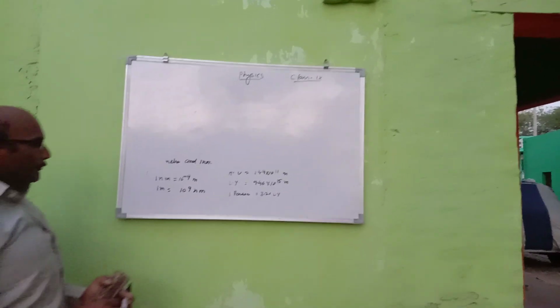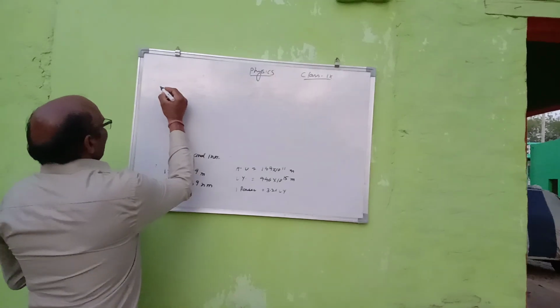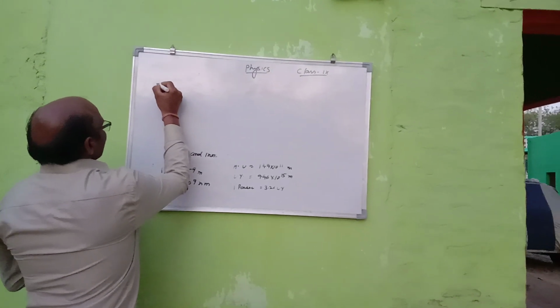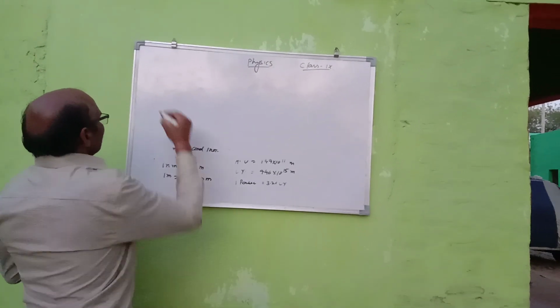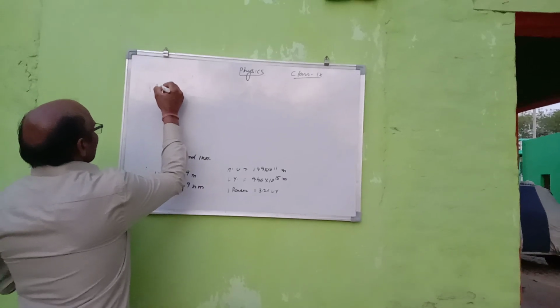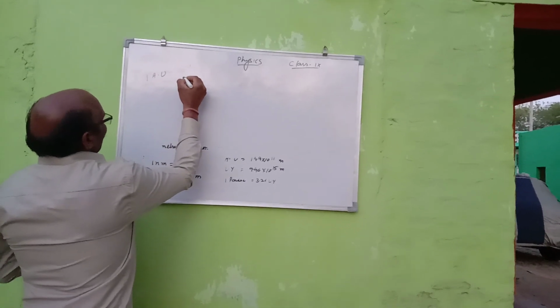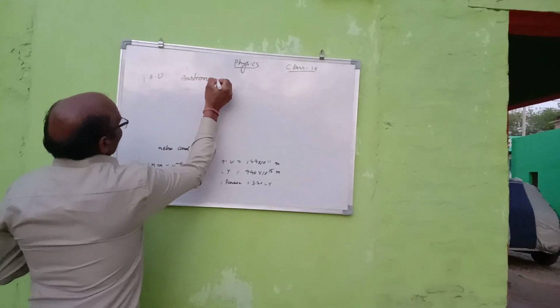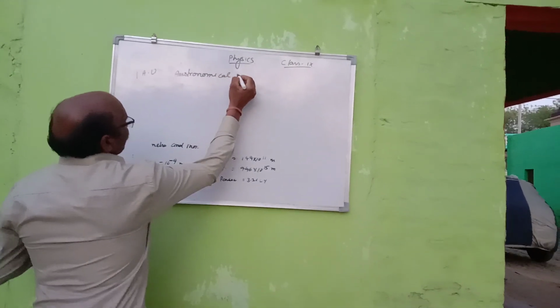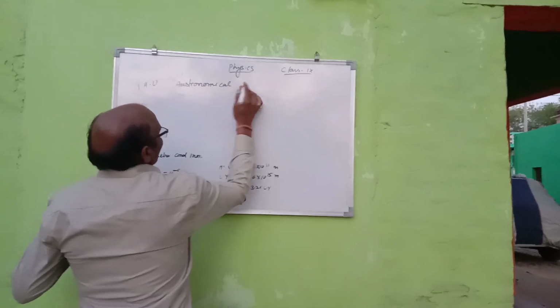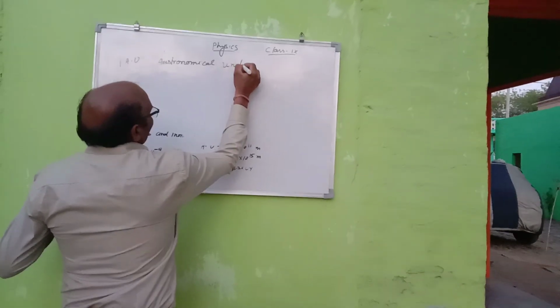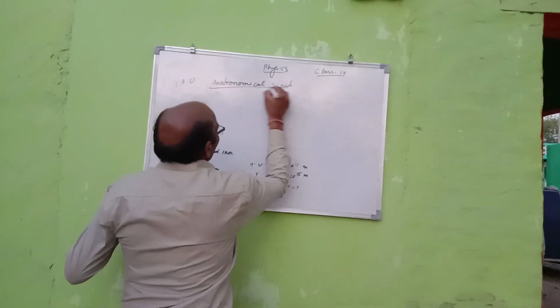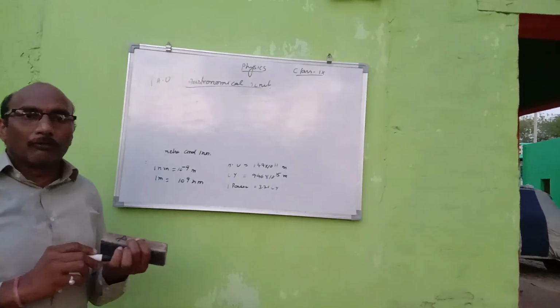Now the new topic is 1 astronomical unit. Very important topic. Generally, this question is asked in exams also. They ask the definition of 1 astronomical unit.